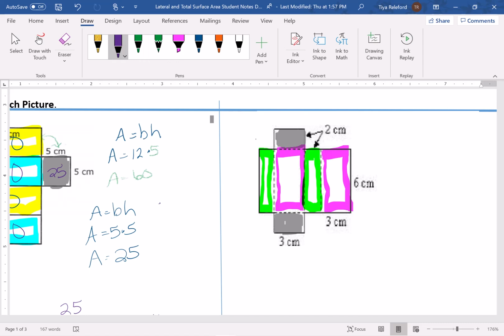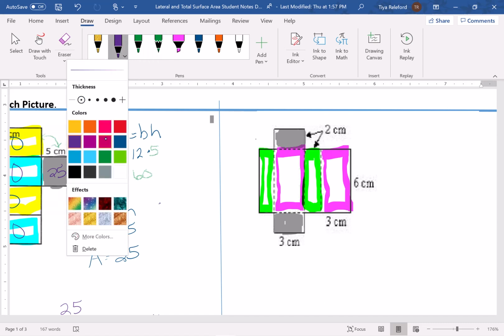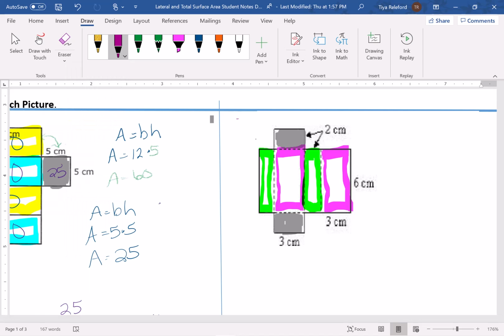Let's start with pink because it's nice. It's a rectangle, and our base and height are nicely labeled for us. It's 18. You're going to write 18 in each of those.